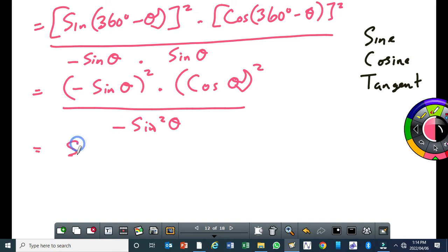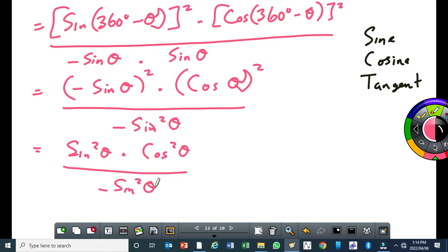I'm simplifying now, so you get sine squared theta times cos squared theta. Please don't put this 2 on the top right hand side of the theta. Please, if you do that, the meaning becomes different. Okay? The 2 must be between the SIN and the theta, and it must be a superscript. Or you can maybe say an exponent if you want. So all over minus sine squared theta. Alright?